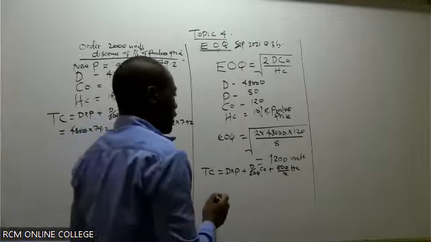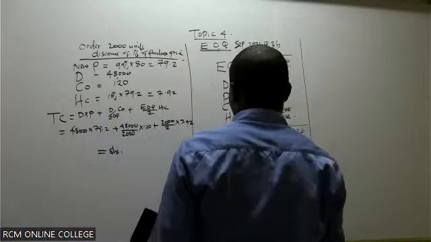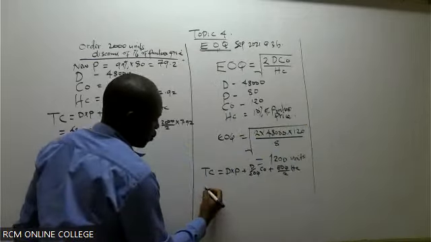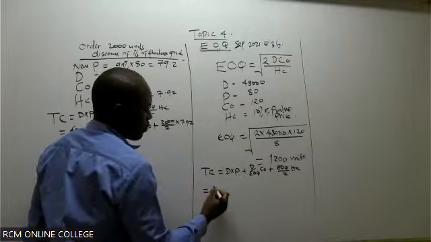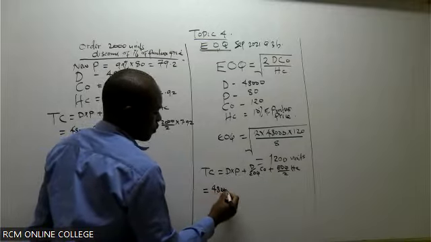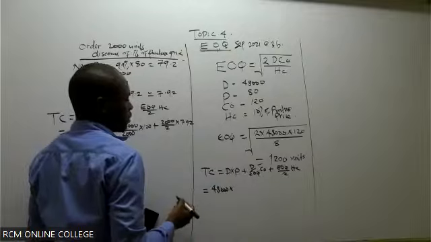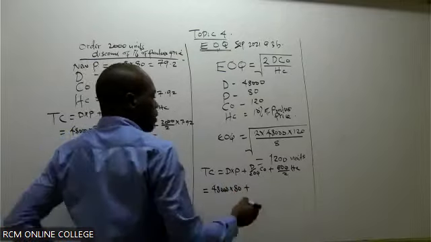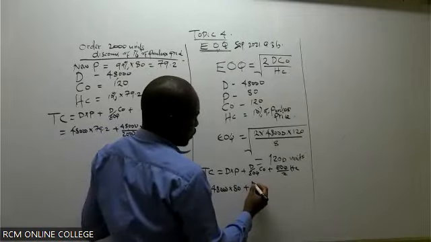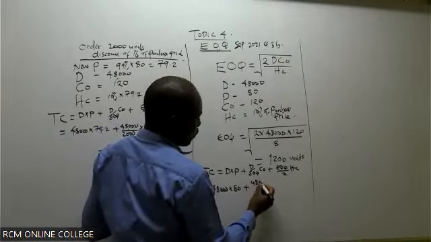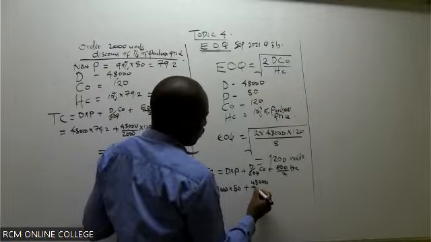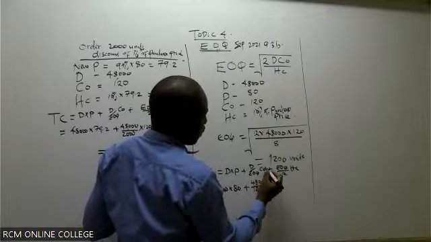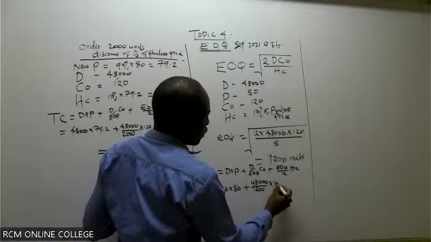I will do the same for this one here. Total cost is equal to demand, which is 48,000, multiplied by purchase price, which is 80, plus demand, 48,000, divided by economic order quantity, which is 1,200, multiplied by ordering cost, which is 120.